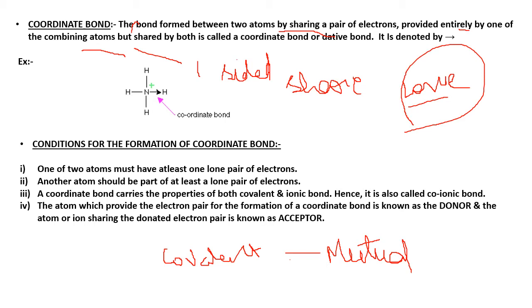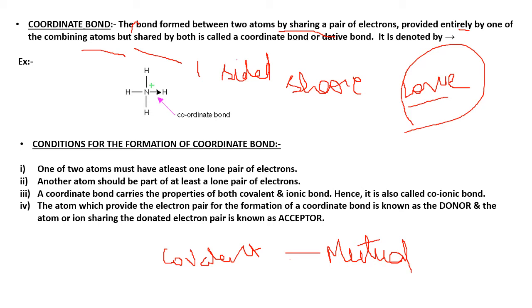We all know very well that the number of electrons present in the outermost shell is known as the valency. The valency is basically either the number of electrons present in the outermost shell or the combining capacity of any element.